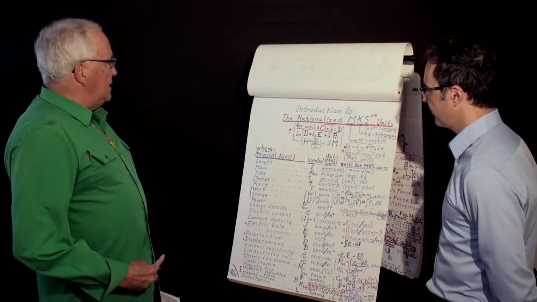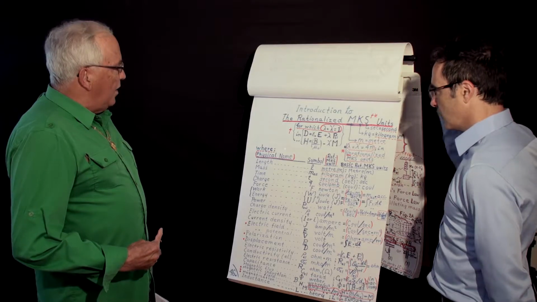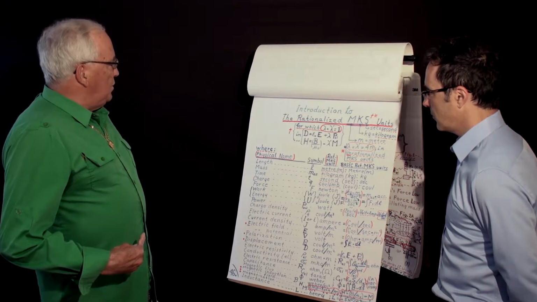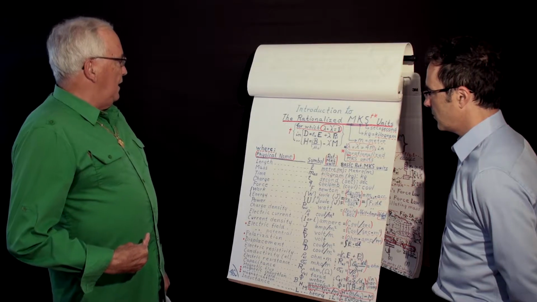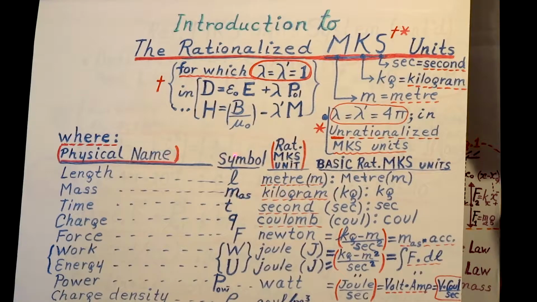Okay. So shortly, I'm not going to go through all the units, but briefly I just want to mention the basic measuring units. This is the physical name of the unit, the symbol, and here the basic rationalized MKS unit.